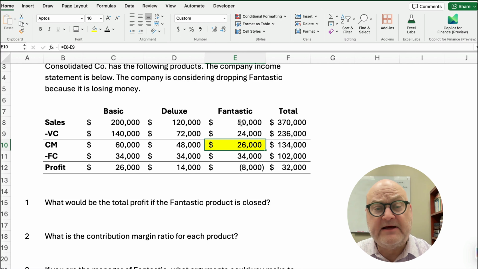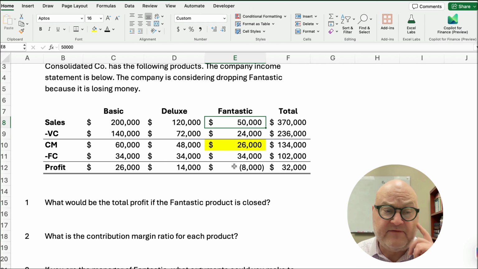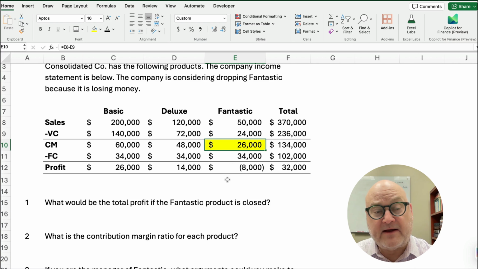See, here's what happens. The sales of fantastic are 50,000, the variable cost is 24, and we have a contribution margin of 26,000. That covers 26,000 of our fixed cost. It doesn't cover all 34,000 that's allocated to it, but it covers 26,000.